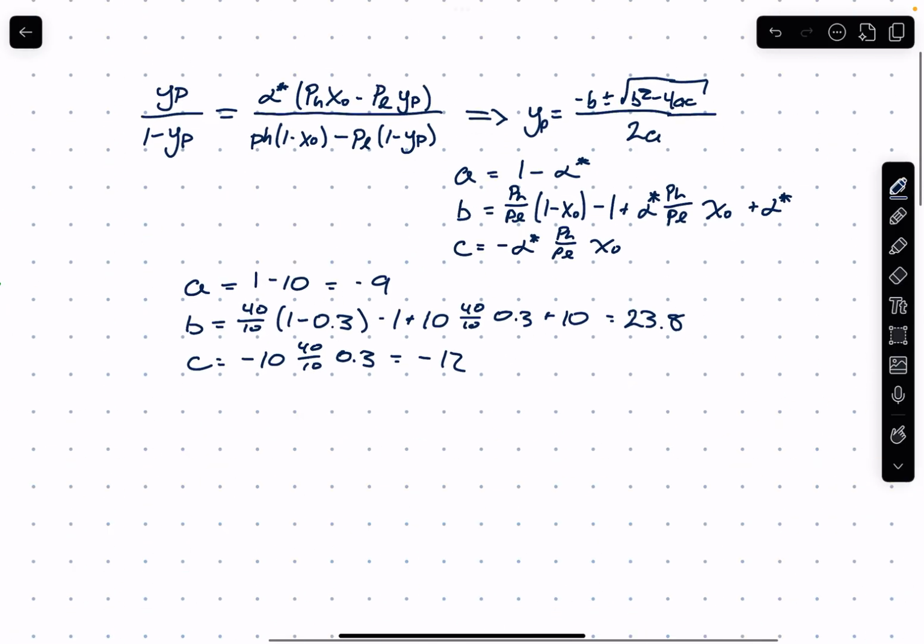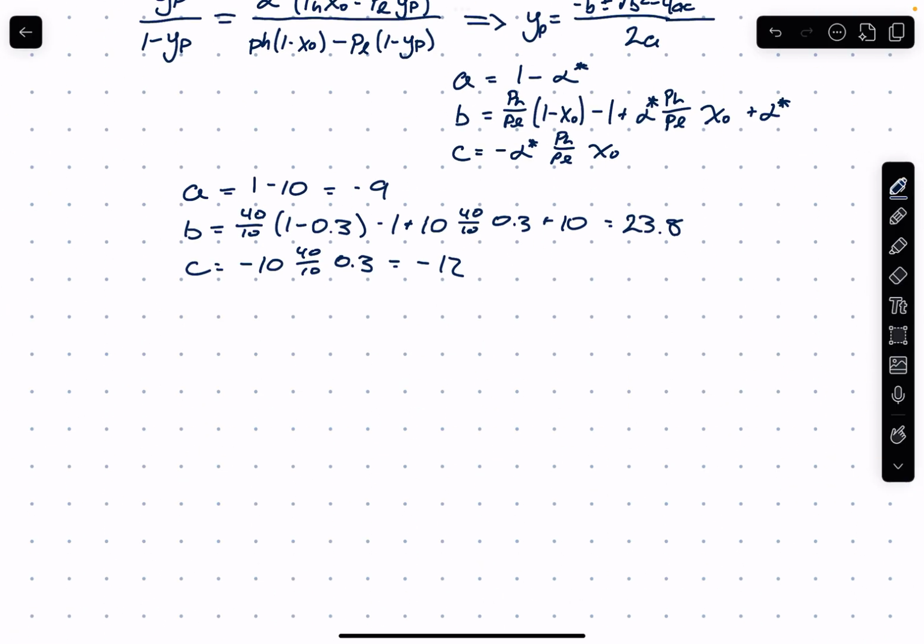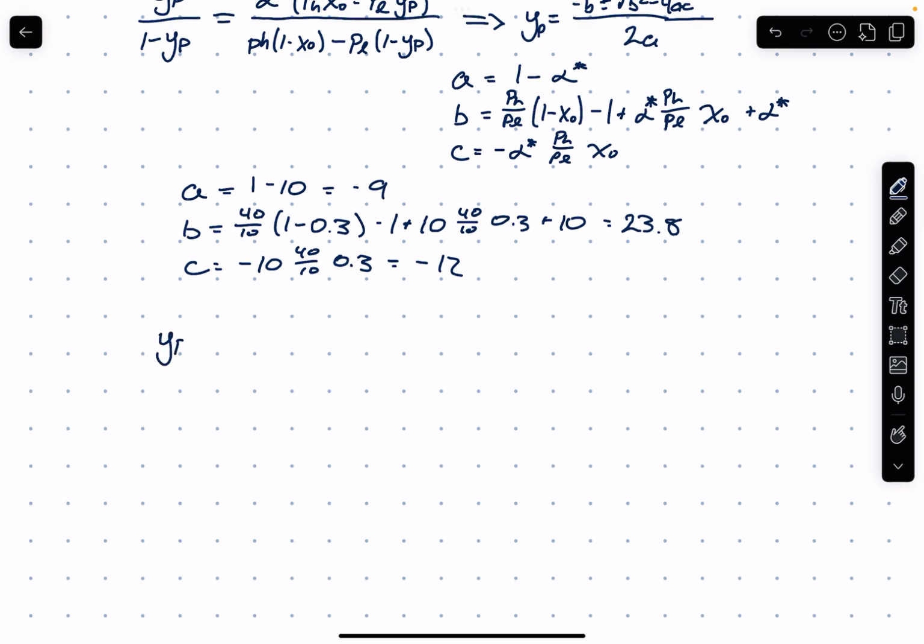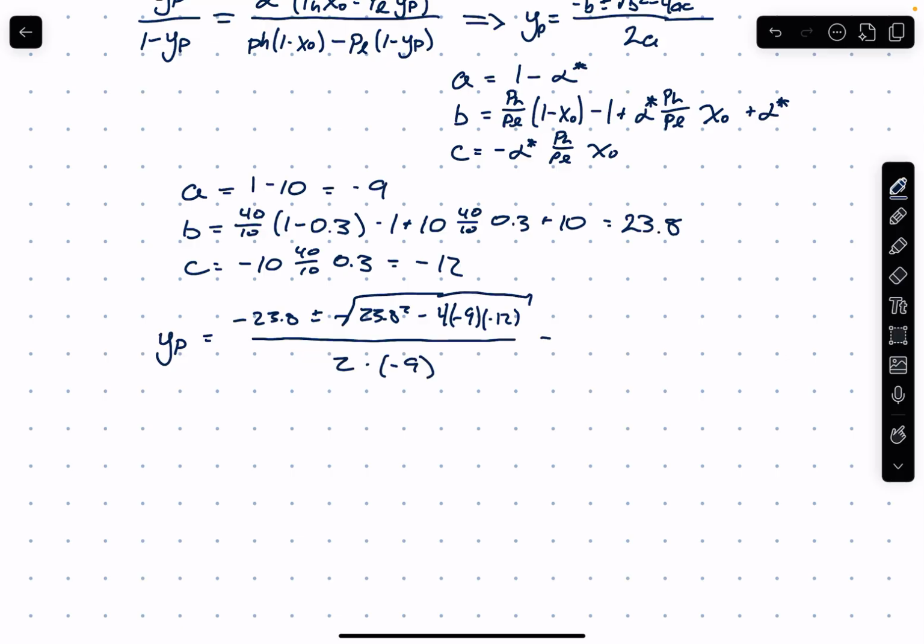We plug these into our quadratic formula, and we get that yP is equal to minus 23.8 plus or minus the square root of 23.8 squared minus 4 times minus 9 times minus 12, all over 2a, which is 2 times minus 9.